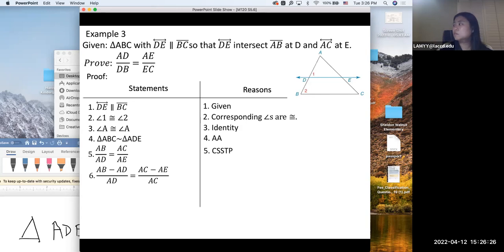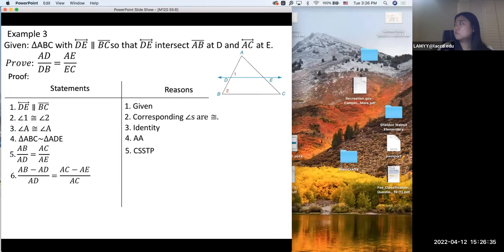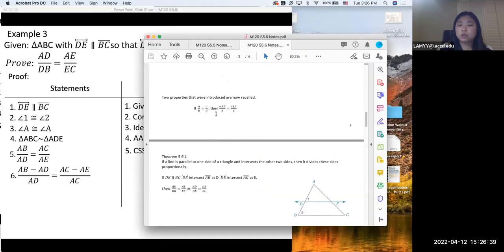Remember this formula here? We just talked about it.